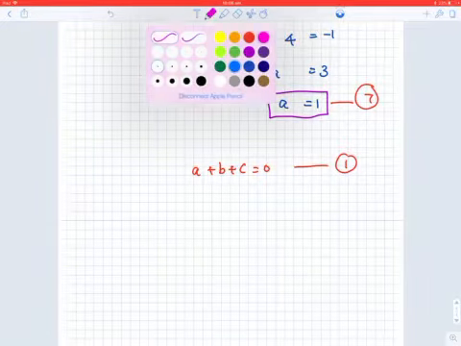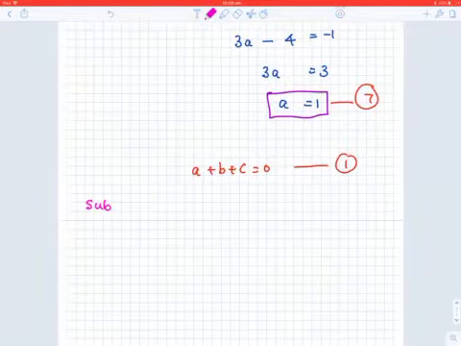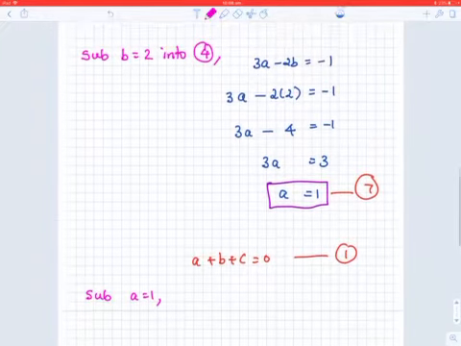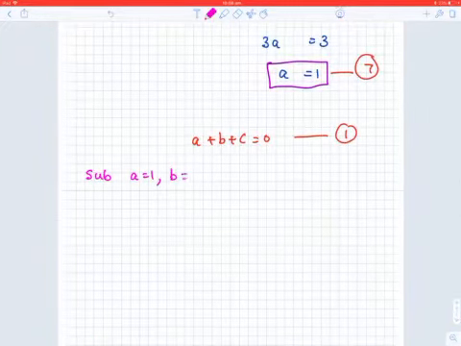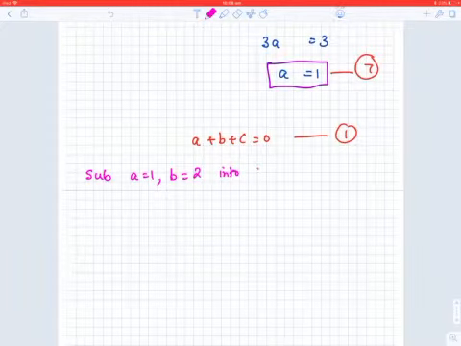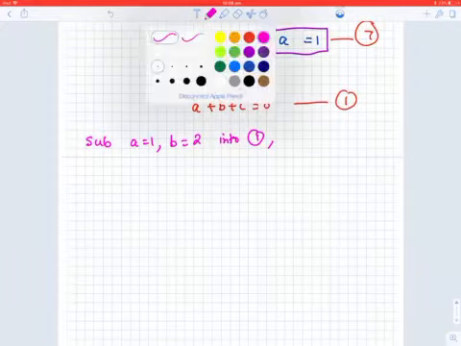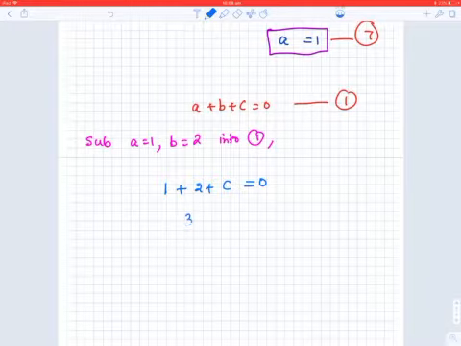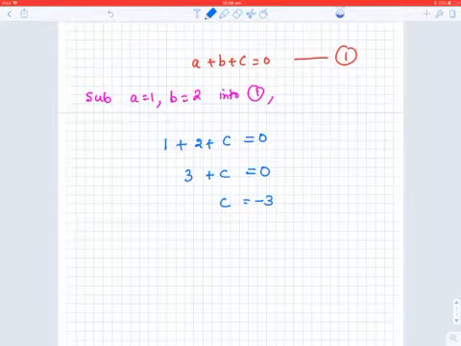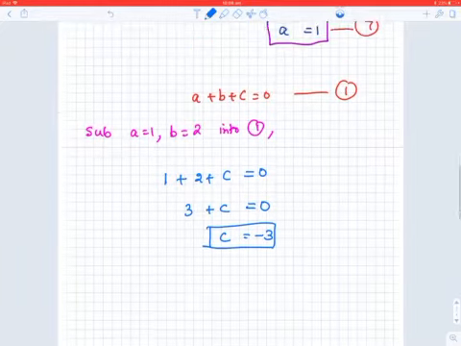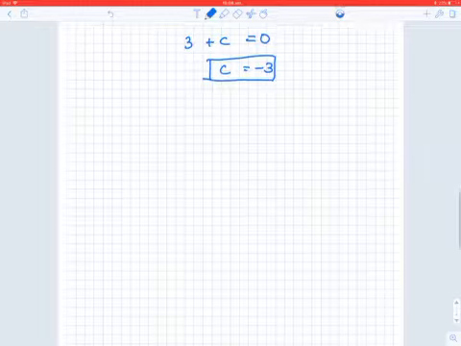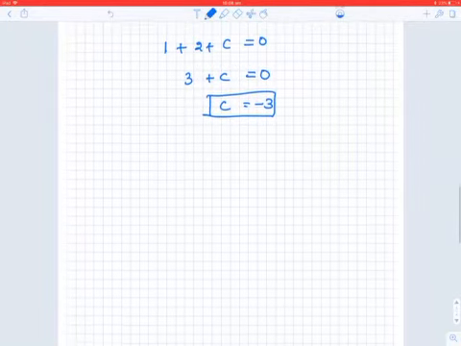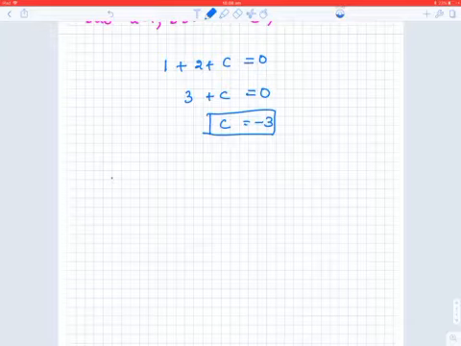Now I'm going to substitute A equal to 1 and B equal to 2 into equation 1. So I get 1 plus 2 plus C equal to 0, or 3 plus C is 0, or C equal to minus 3.